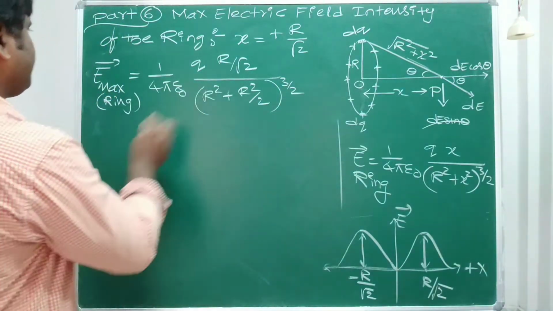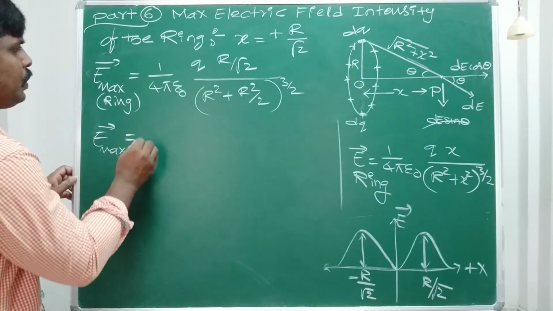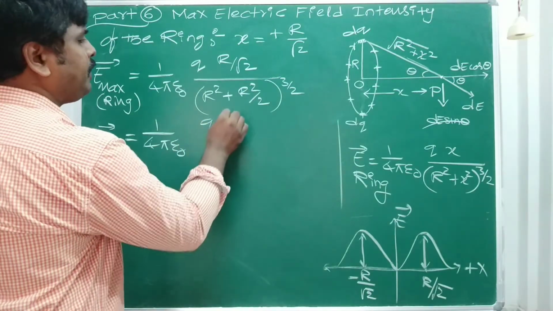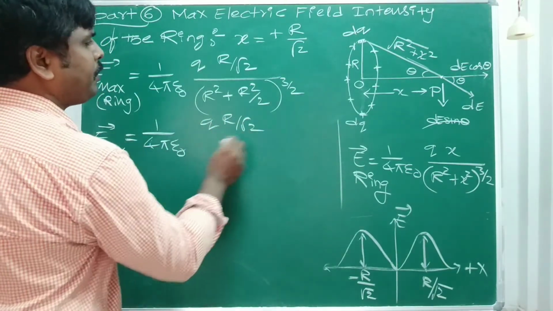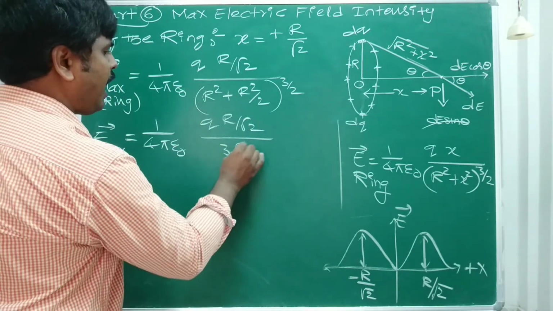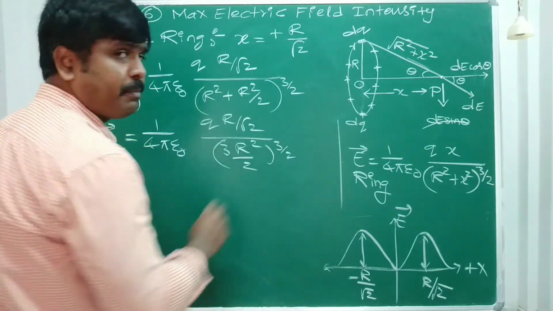So E maximum is equal to 1 by 4 pi epsilon naught q into r by root 2 divided by 3 r square by 2 whole to the power of 3 by 2.